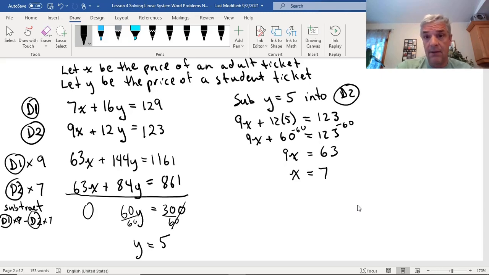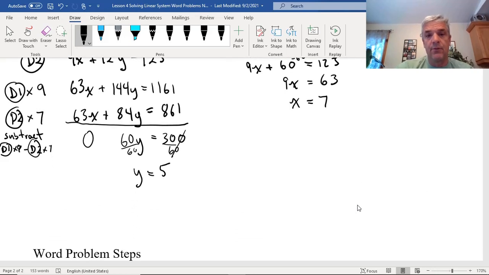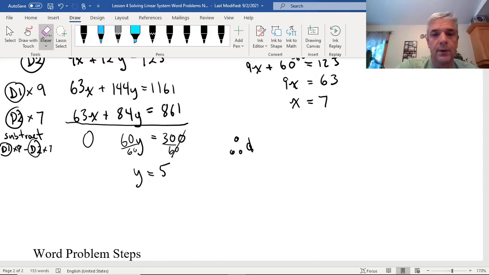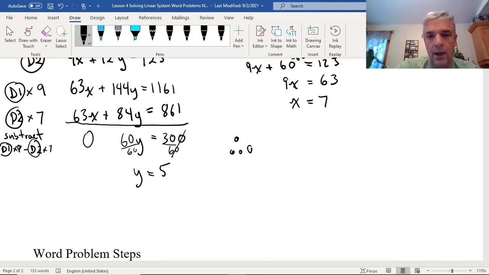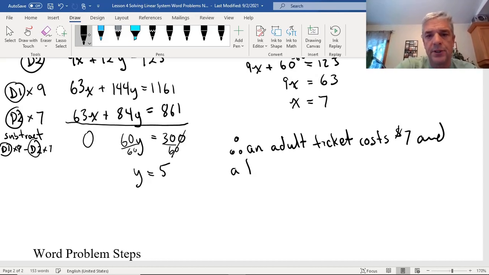So all I have left to do is write my concluding statement. And so I would then write therefore, an adult ticket costs $7 and a student ticket costs $5.